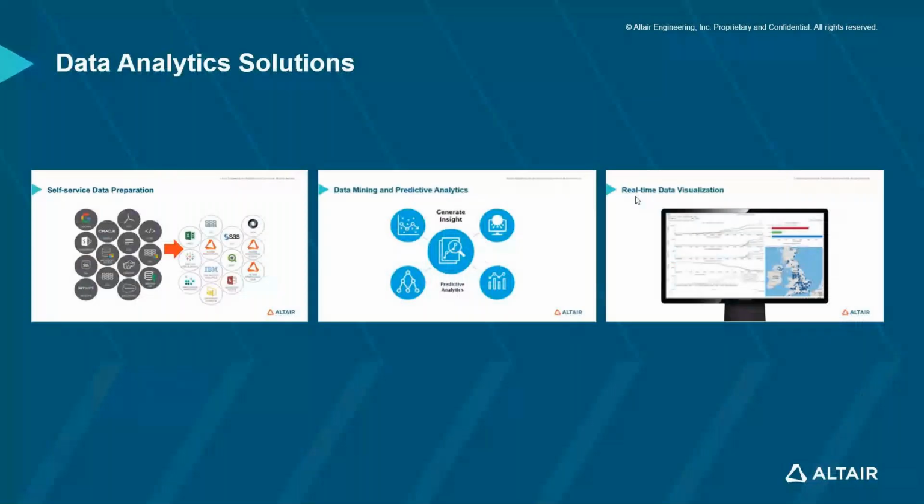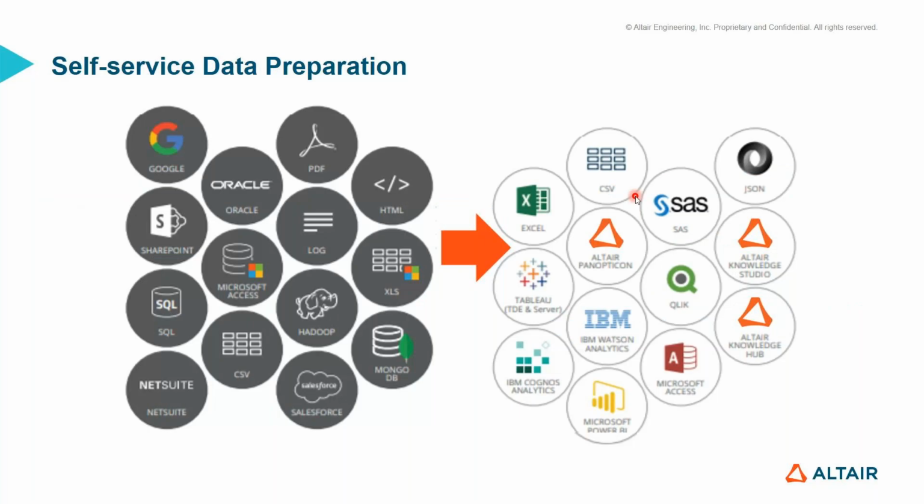So coming to data analytics. Data analytics is a three-stage process. The first stage is data preparation, the second stage is data mining and predictive analysis, and the third stage is data visualization, data monitoring, data analysis, data optimization, and so on. So Altair provides an end-to-end solution for data analytics.